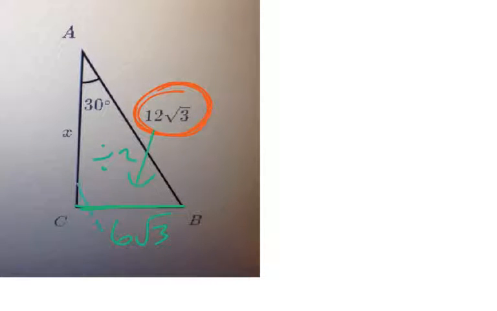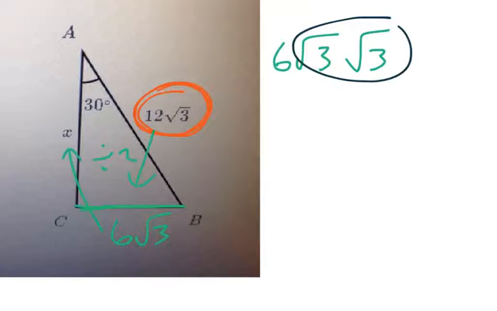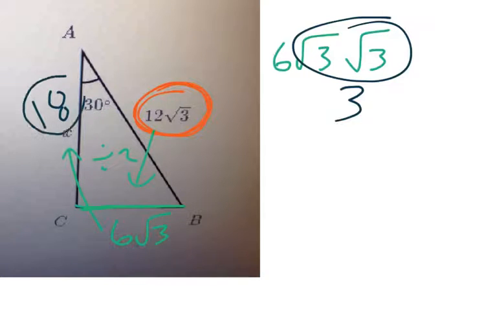And now, can we find the medium side over there? Wouldn't that just simply be the 6 square root of 3 times another square root of 3? And square root 3 times square root 3 is a regular 3, right? Square root of 9 is 3. So 6 times 3 means my final answer they wanted was 18.